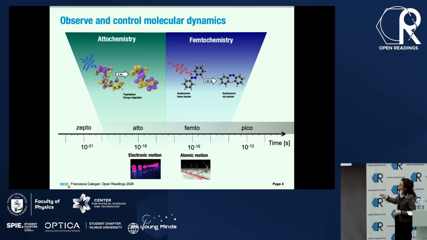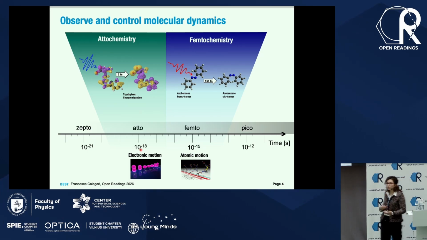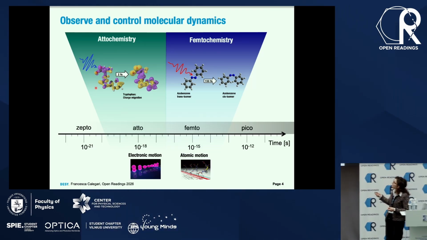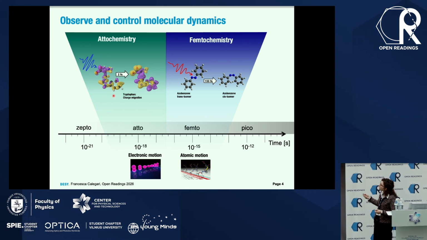When we have the possibility to access faster dynamics, then, as I said, we can start to look into how the electron density distributions, or the electrons, rearrange in molecular systems. Often this happens very fast. So electrons, which here are represented like these colored bubbles that you will see later also in my presentation, are changing their position in the molecule very rapidly.